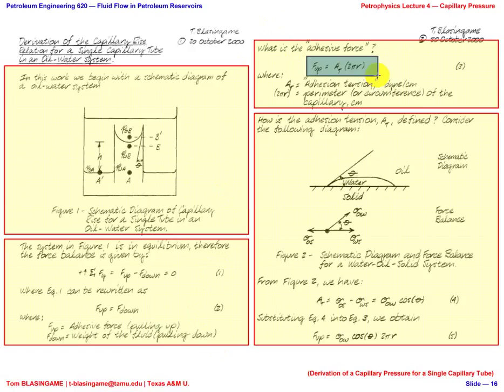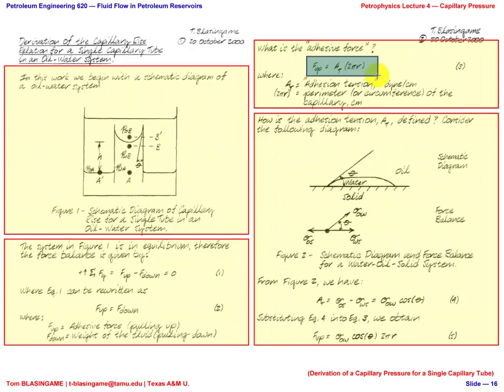And what is acting on that? Anybody? It's the adhesion tension. What is the definition of adhesion tension? What are the units? It's dynes per centimeter. So dynes per centimeter multiplied by centimeters is dynes. Dynes is a force. So it's force up, force down, equal.